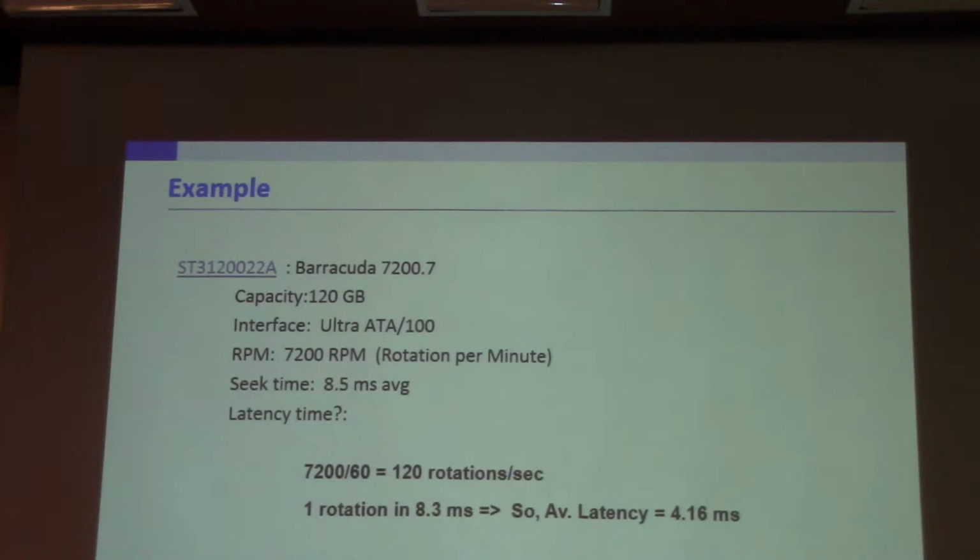The seek time delay quantifies the time it takes to move the arm in and out, to align the head of the arm to be over a particular track you try to read data from. Again, this is a variable, right? It depends on, at the beginning of your read process, what's the location of the head of the arm, and where is the track you try to read data from.